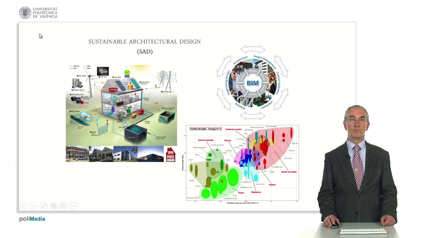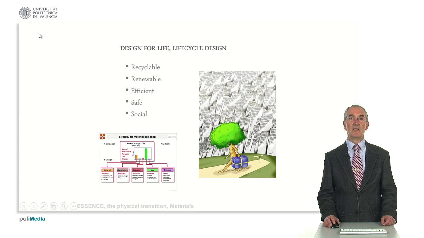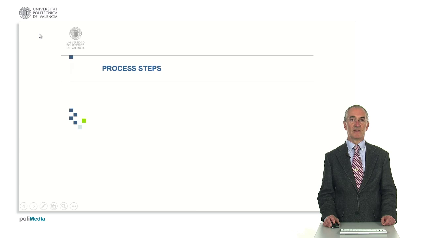This is one of the tools we will also be introducing, and it is one of the functions that was conceptually pre-introduced until now, and it should bear in mind not only the functions but also the life cycle design, which should consider recyclability, renewability, efficiency, safe use, and the social performance of materials.